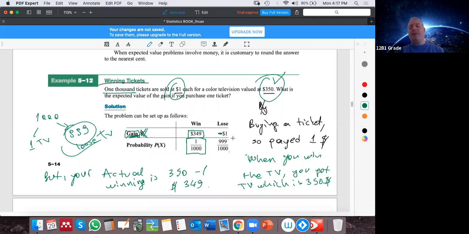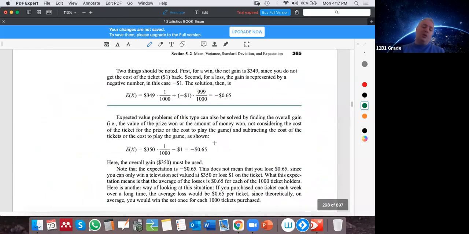Now what will be the expected value? The formula is this one times this one plus this one times this one. So 349 times 1 over 1,000 plus negative 1 times 999 over 1,000 gives negative 0.65. What does it mean?